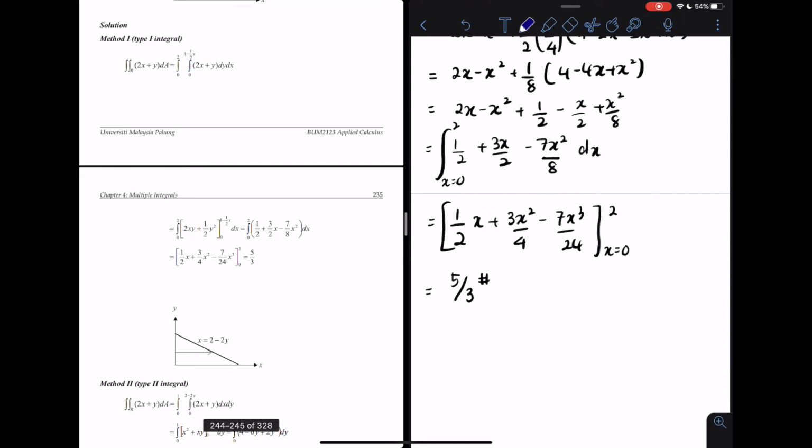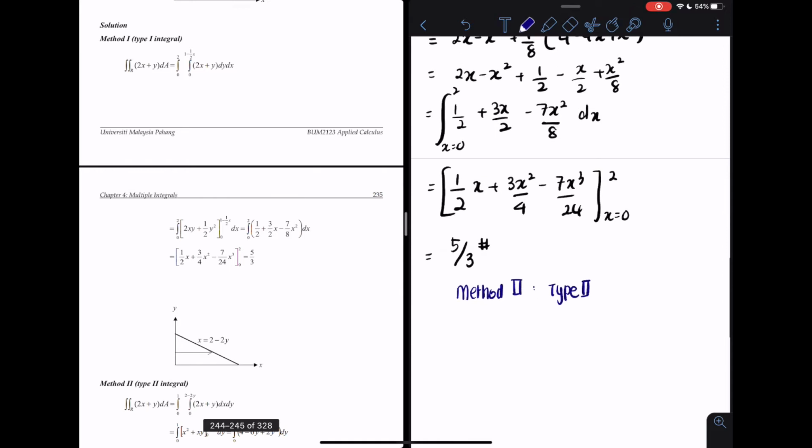So right now, let us focus on solving this problem by using method 2, which is by using type 2 integral. Okay, so right now, when I have type 2 integral, this double integral over region R for 2x plus y with respect to A can be written as 2x plus y dx dy.